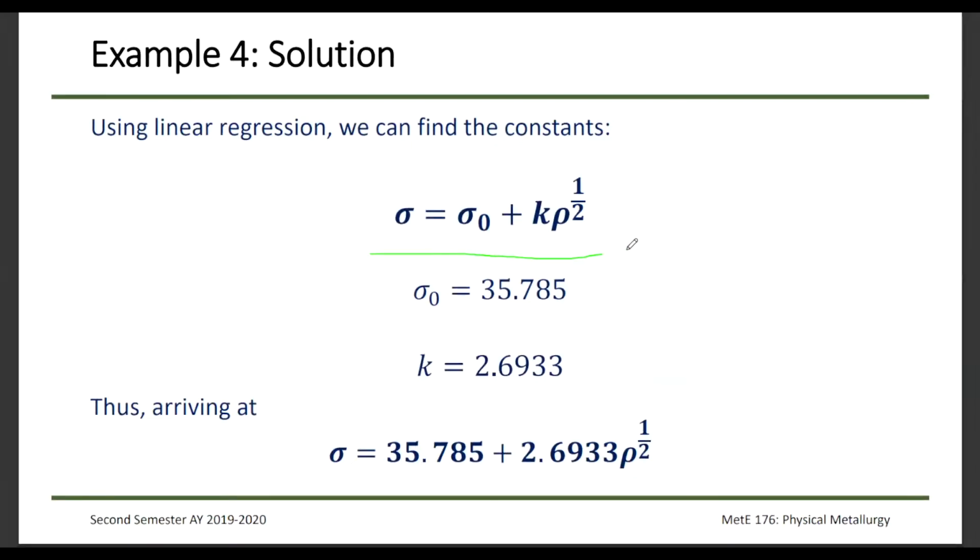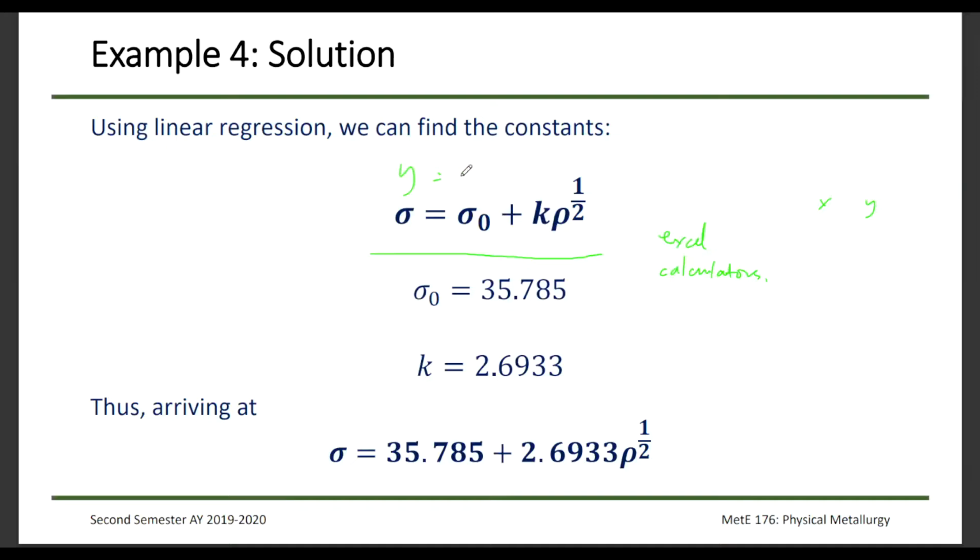Ito yung empirical equation na na-observe natin kanina. And from here, pwedeng Excel, pwede ring calculators. I think most calculators, no, have a built-in linear regression model where you can input different xy points, no, tapos siya na yung... and essentially kasi linear equation lang 'to.